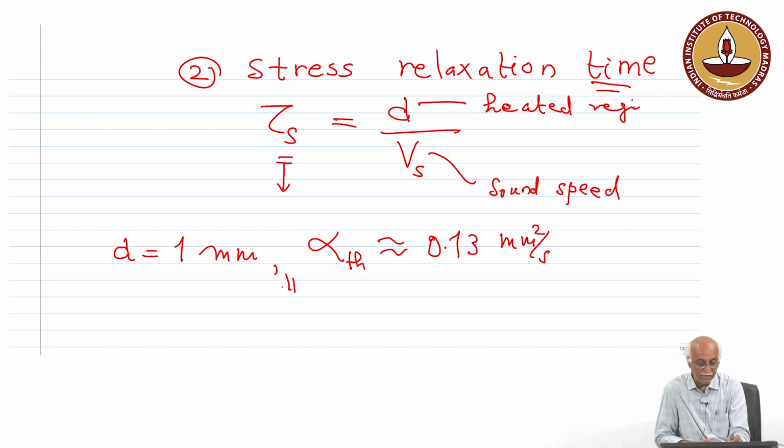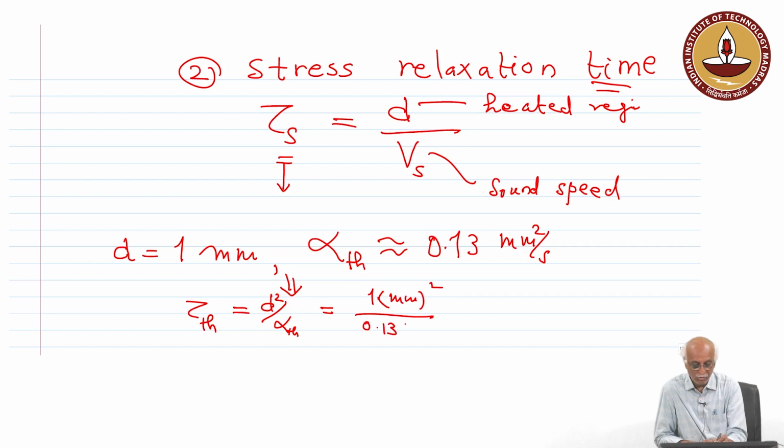This will give us the thermal relaxation time, which is d square by alpha, the thermal diffusion coefficient. So it is 1 millimeter square divided by 0.13, where the unit is millimeter square per second.